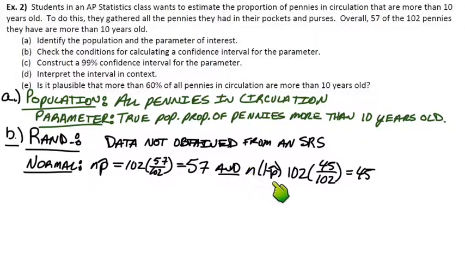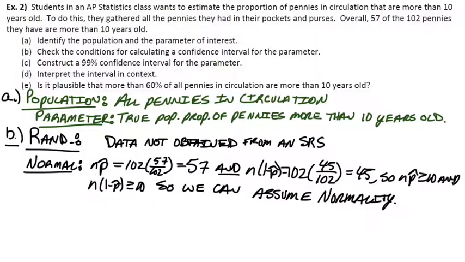And n times 1 minus p-hat is equal to 102 times, well, the leftover. Right? If there's 57 successes, there must have been 45 out of the 102 that were failures, so that's 45. So n p-hat and n(1 minus p-hat) are both greater than or equal to 10, so we can assume normality is good. In other words, the large counts condition is met.